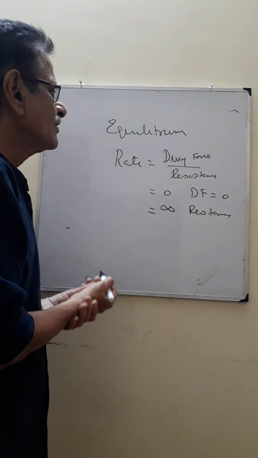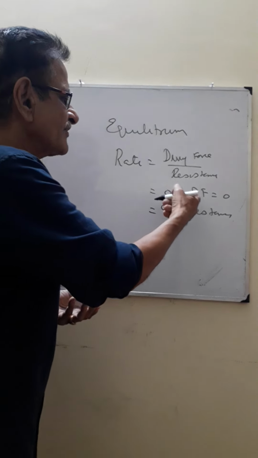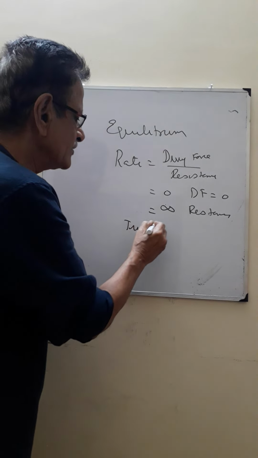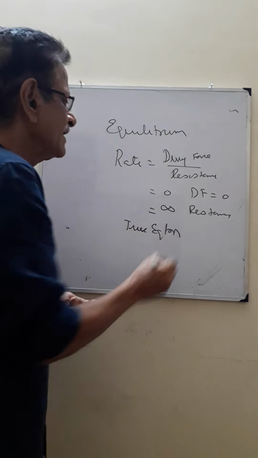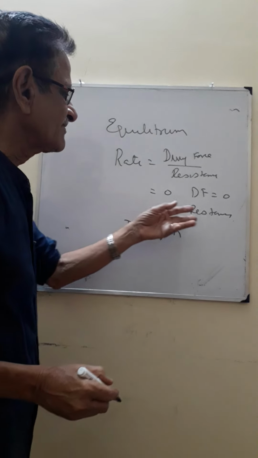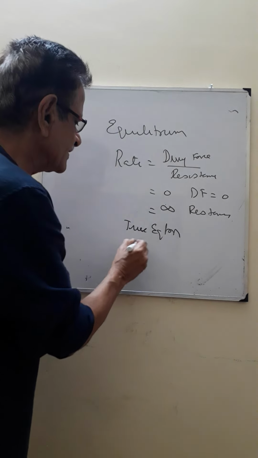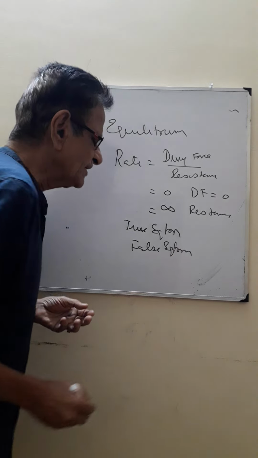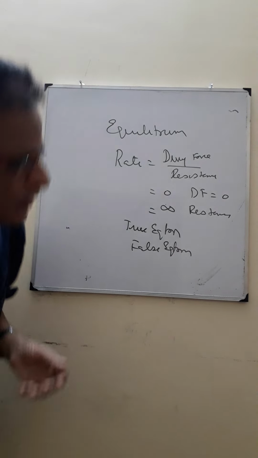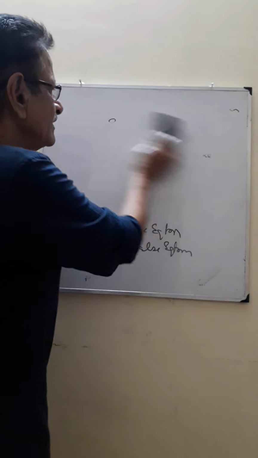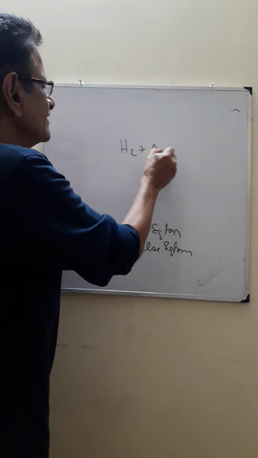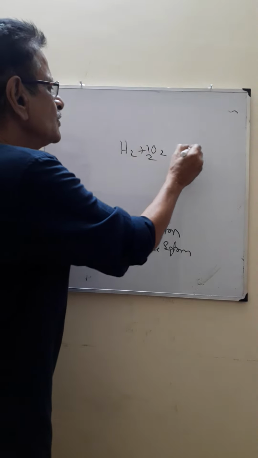Therefore, a process whose rate is 0 because the driving force is 0 is called true equilibrium. A process where the rate is 0 because resistance is very high is called false equilibrium. For example, take hydrogen and oxygen: H2 plus half O2 giving H2O.